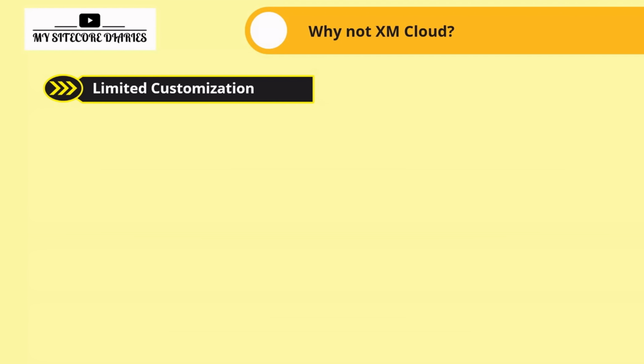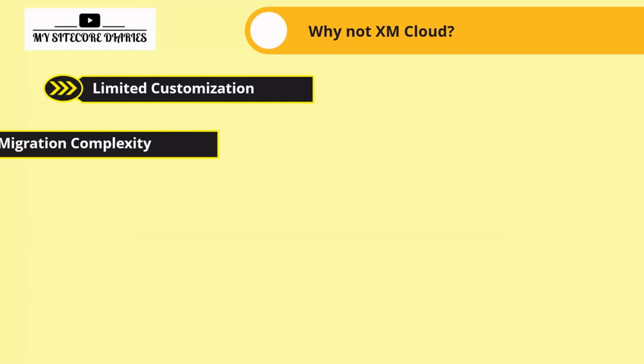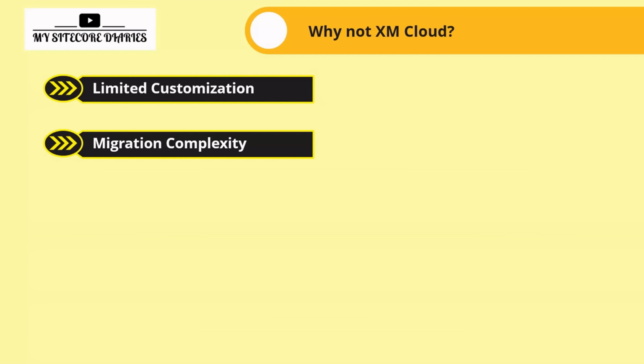Next, migration complexity. Transitioning to XM Cloud requires meticulous planning and re-architecture, especially for custom pipeline processors and integrations. This can be a time-consuming as well as a resource-intensive activity.